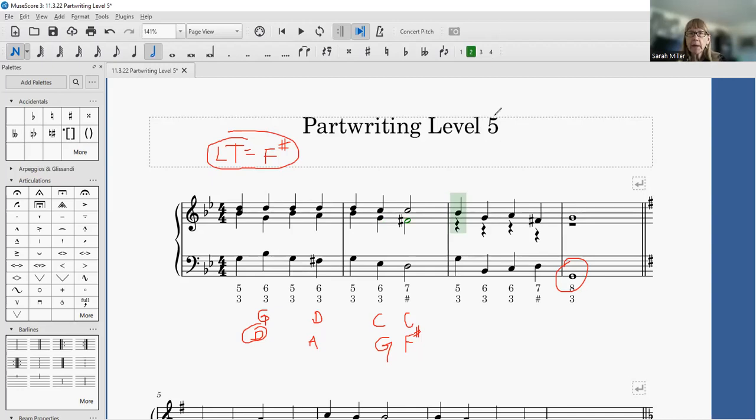Now, we get to, once again, the G chord, right? But it's going to be a different voicing, and we need D, which is a fifth above the G, and we need our B flat in this case, right?